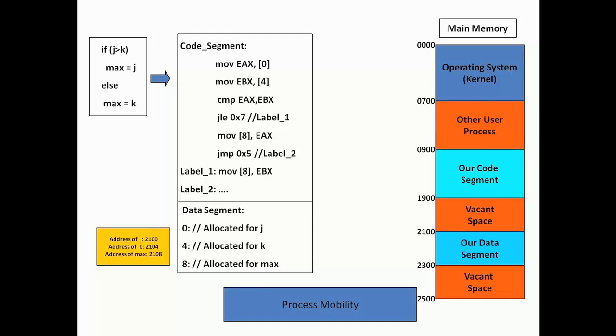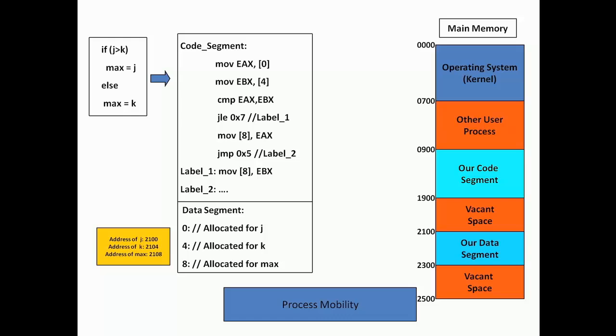The responsibility of the operating system is to give enough space for the program to store its code segment and data segment. So the operating system is responsible for loading the code segment between 900 and 1900 and the data segment between 2100 and 2300.